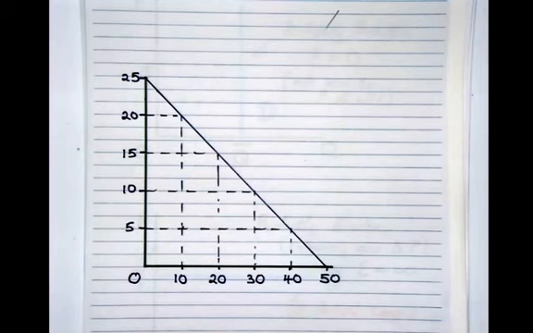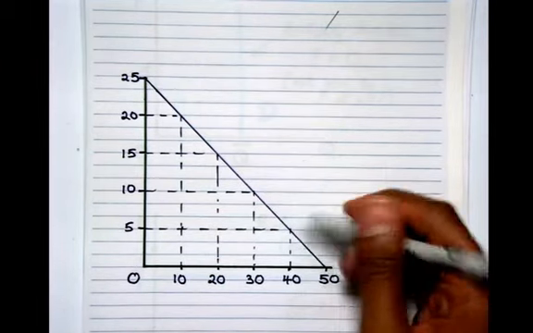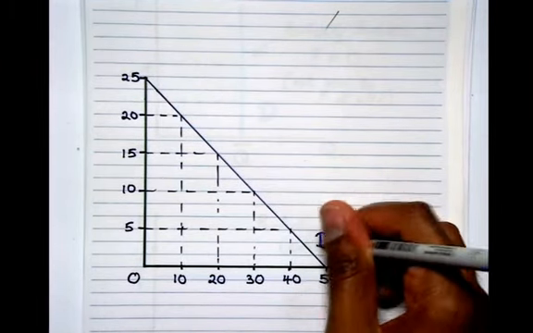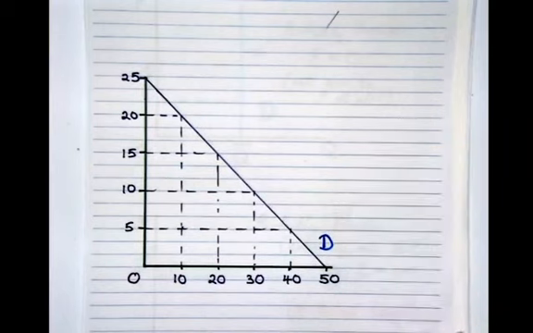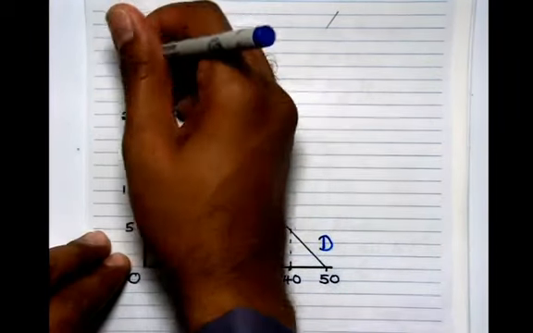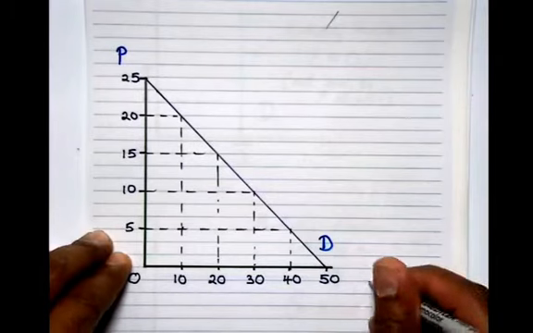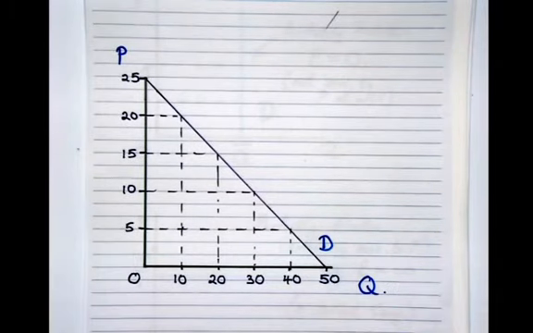Okay, this is a demand curve. It's a linear demand curve because the change in price is always 5 and the change in quantity is always 10. What is the slope of this graph, please?